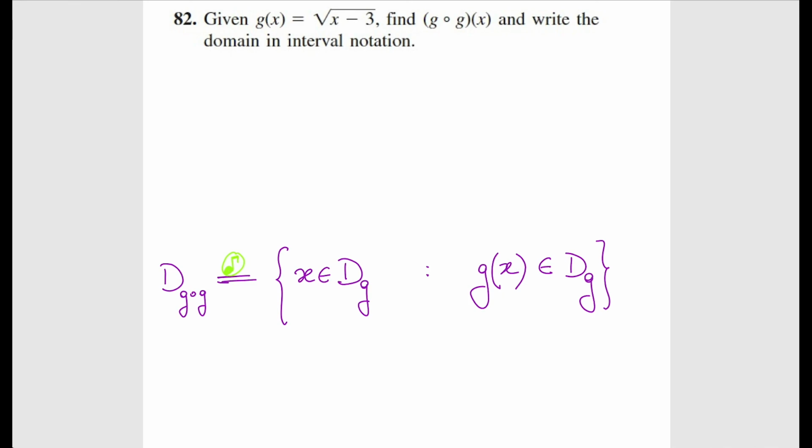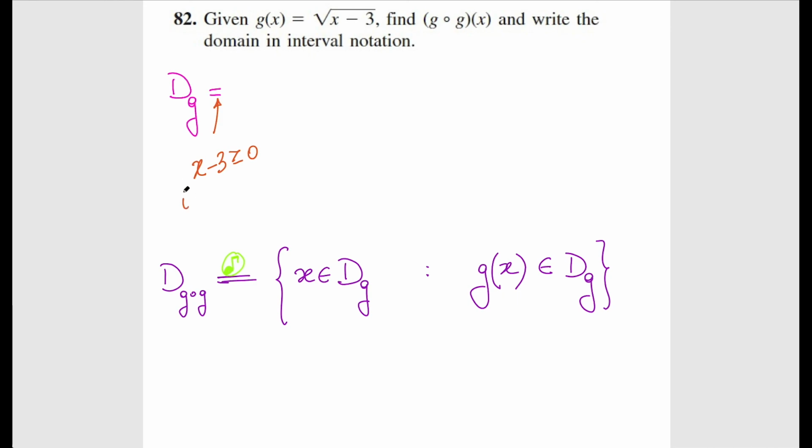What's the domain of g? Well, the function g outputs the square root of the input minus 3. And I know that the square root function doesn't operate on negative entities, right? So in order for this output to be meaningful, I need to put conditions on x, and this condition actually is that this x minus 3, the guy that sits under the umbrella, is non-negative.